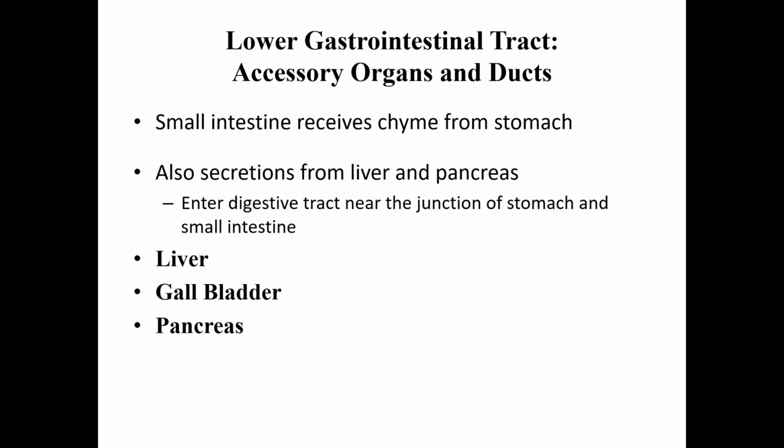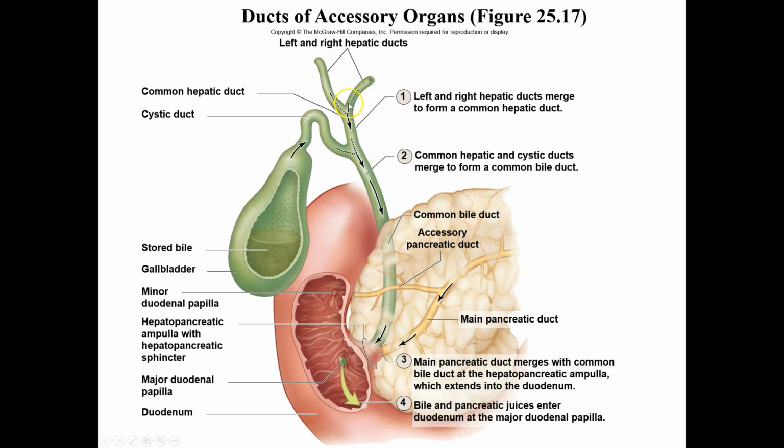The pancreas also produces a lot of secretions that move into the small intestines. They share a common duct. So here you have that cystic duct, and then over here you have your hepatic ducts, and then right here you see the pancreatic duct. They're going to merge here, and they're going to release materials down into the duodenum of the small intestines.